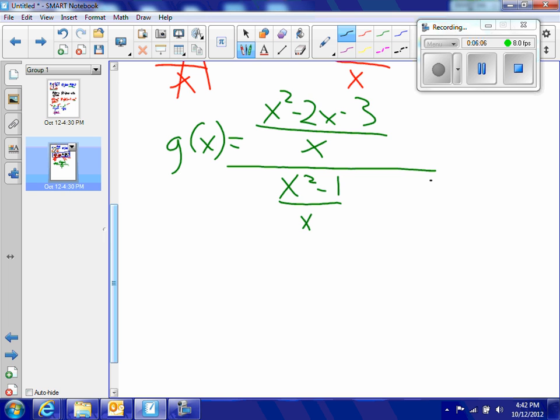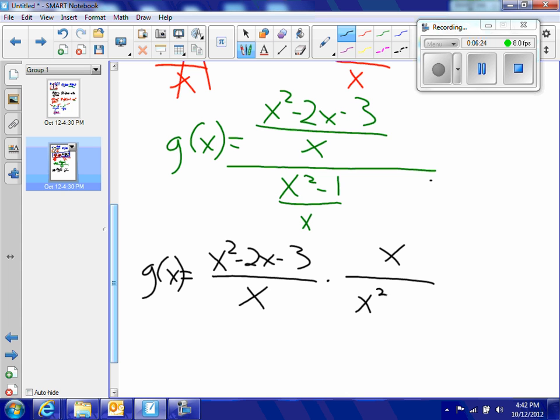So I'm going to have g of x is equal to x squared minus 2x minus 3 divided by x, times x over x squared minus 1.